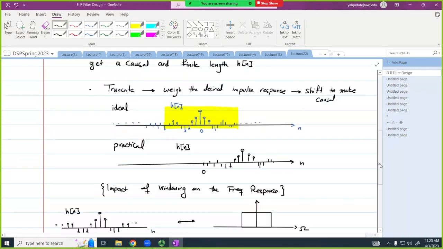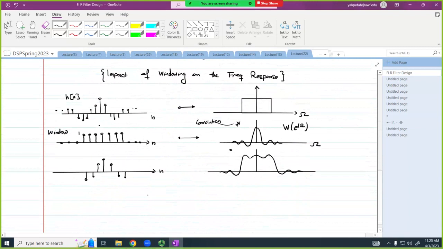Okay, so therefore, the windowing that we've done to make this filter practical resulted in smearing of the frequency response, and it resulted in ripples in the frequency response. Okay.